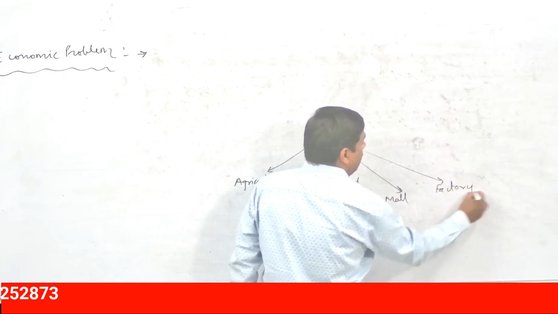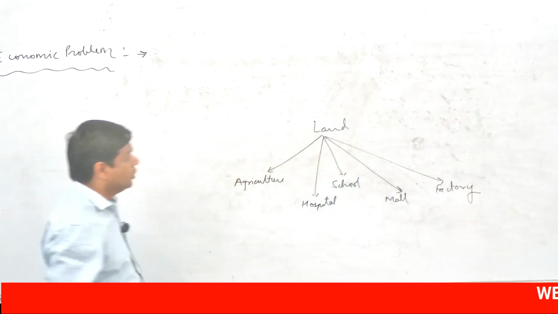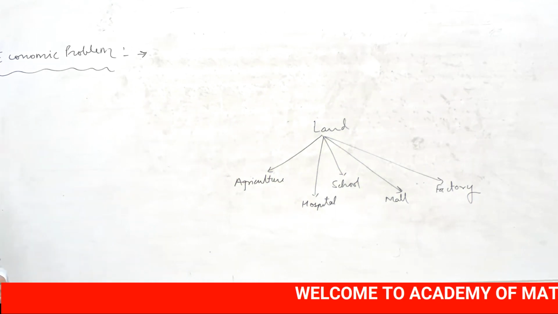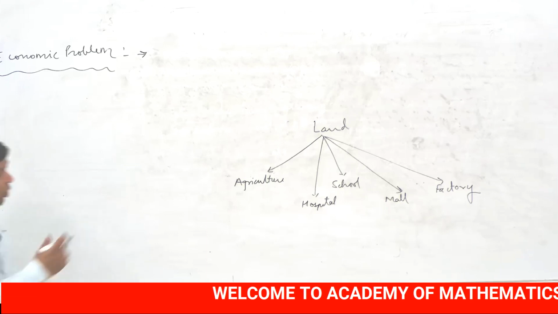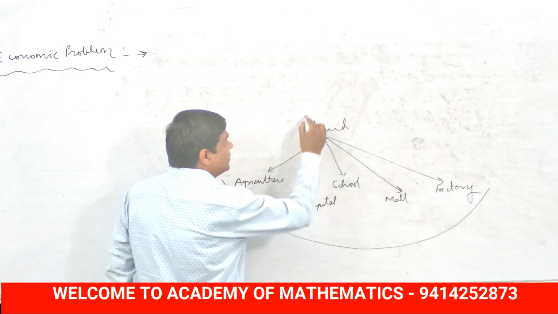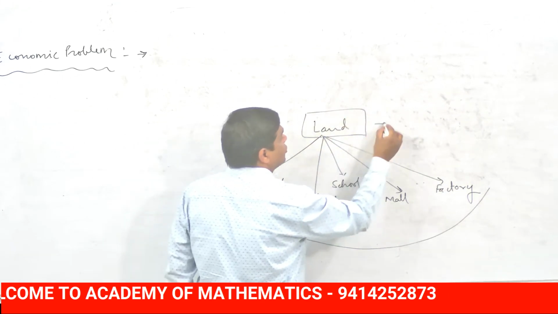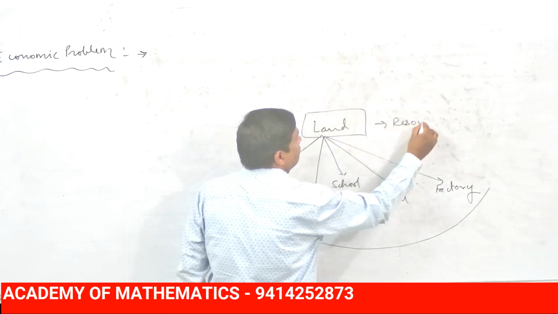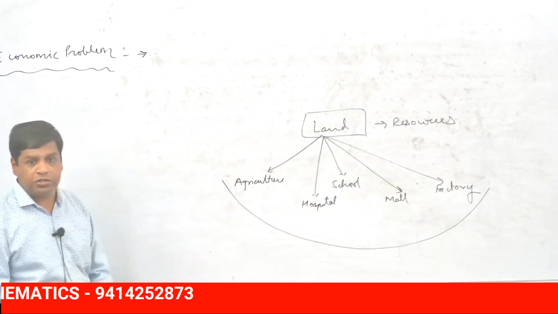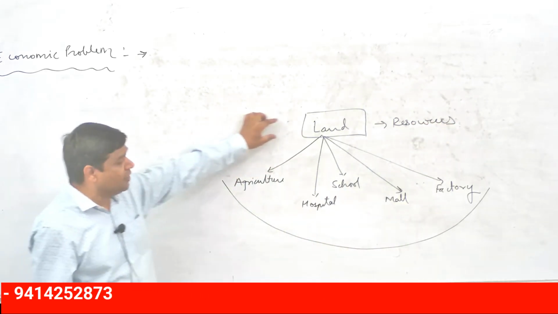So these are the options you can go for on a particular piece of land. Are all these things possible? No, students. So these are all unlimited wants, and this land is a resource. So we have unlimited wants, and this particular land is a limited resource.